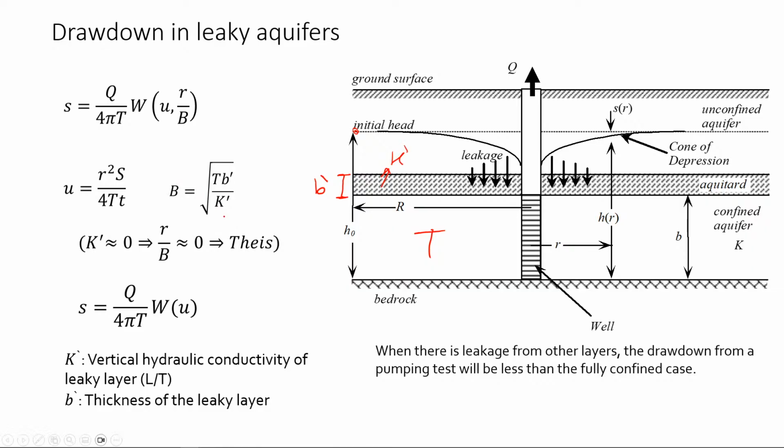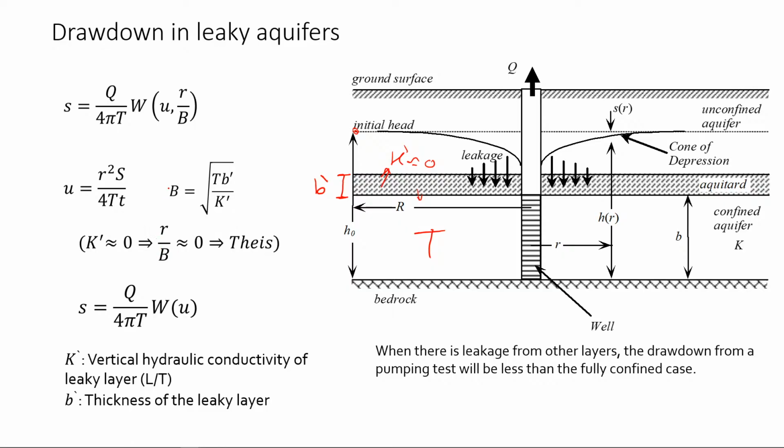So basically, if this is equal to zero, let's say almost equal to zero, there's no recharge from here, there's no flow, it's a completely confining layer, no leakage. If this is equal to zero, then what will happen?